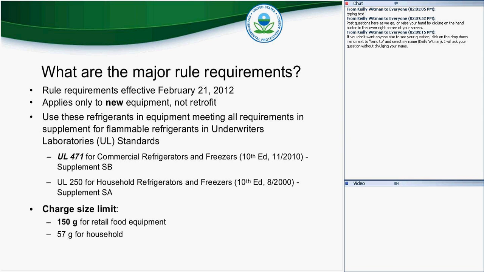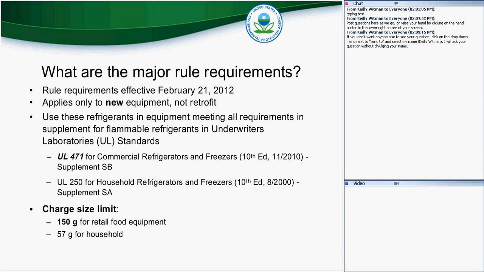Okay. There are a whole bunch of questions here about why you didn't allow for higher limits and for other uses. I think it's important to just explain that the SNAP program evaluates uses and conditions that we get applications for.